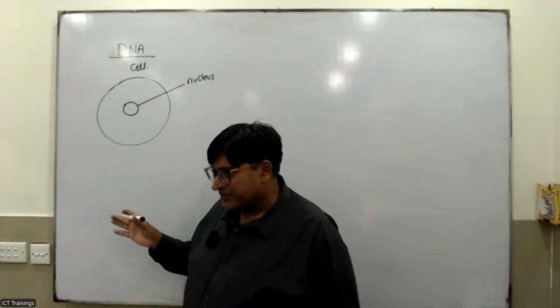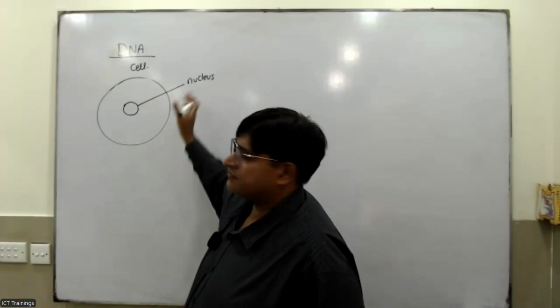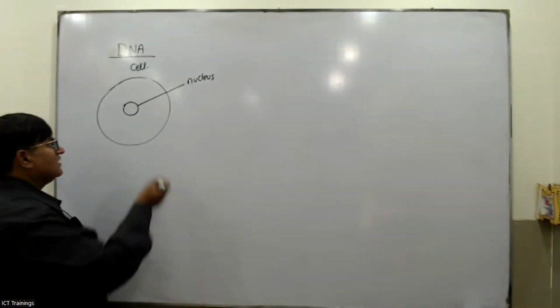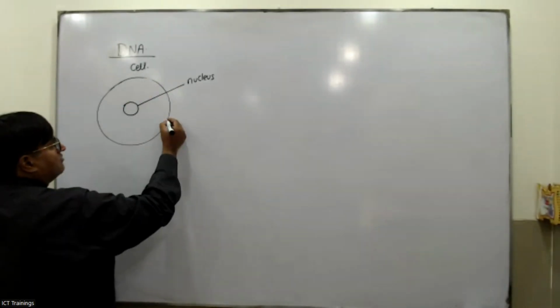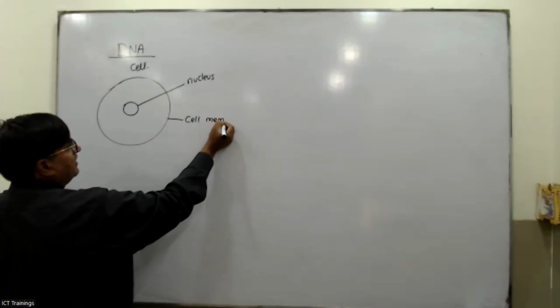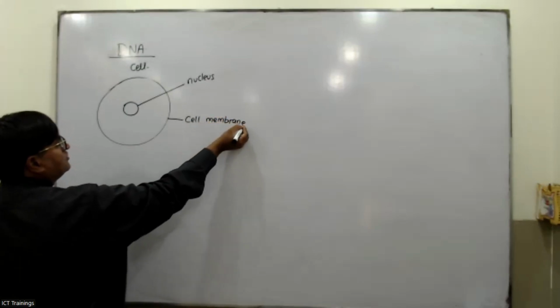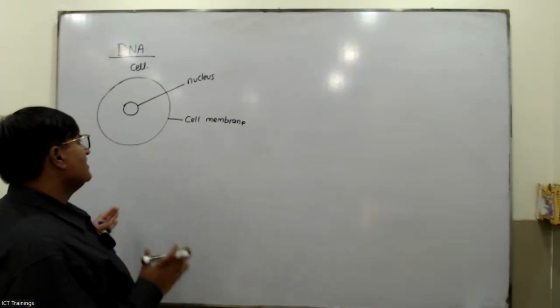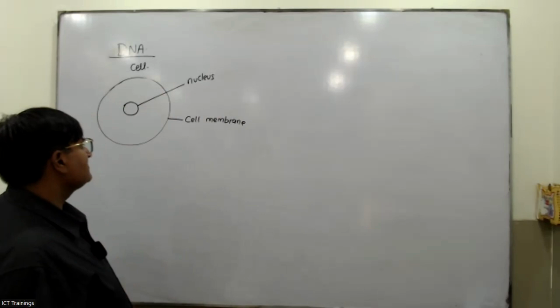In the cell, we have a central part which is called the nucleus, and we have a membrane outside which is called the cell membrane. Plant cells also have a cell wall outside it, but we are not discussing that. We are discussing just human cells.